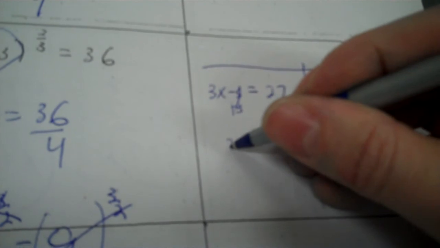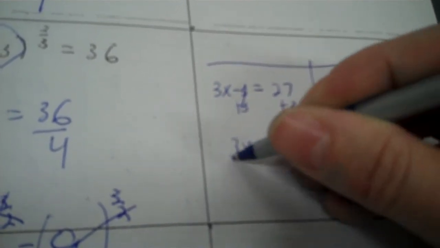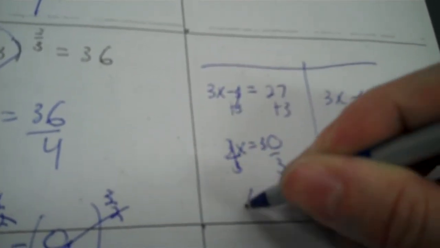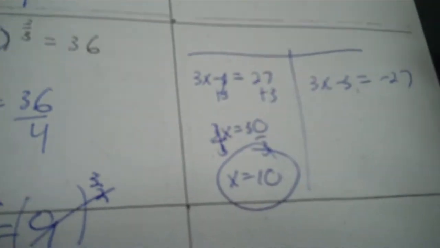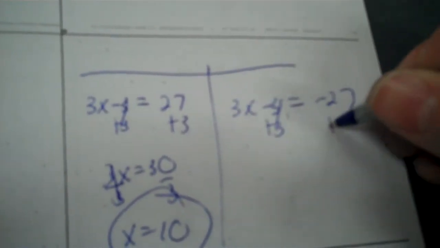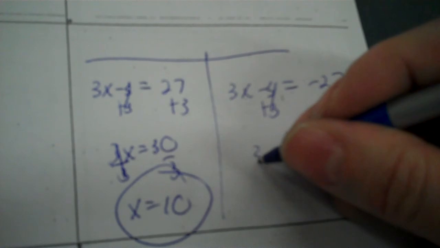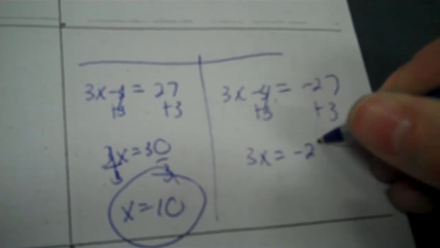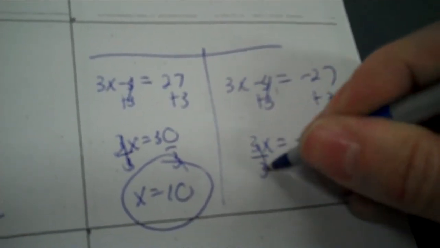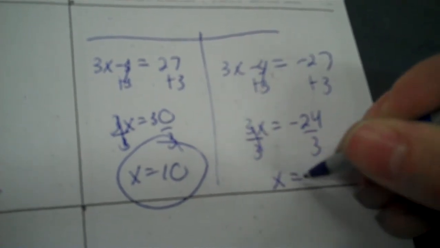Plus 3, you get 30. And x equals 10. Plus 3, negative 27 plus 3 is negative 24. Divide by 3 and you get negative 8.